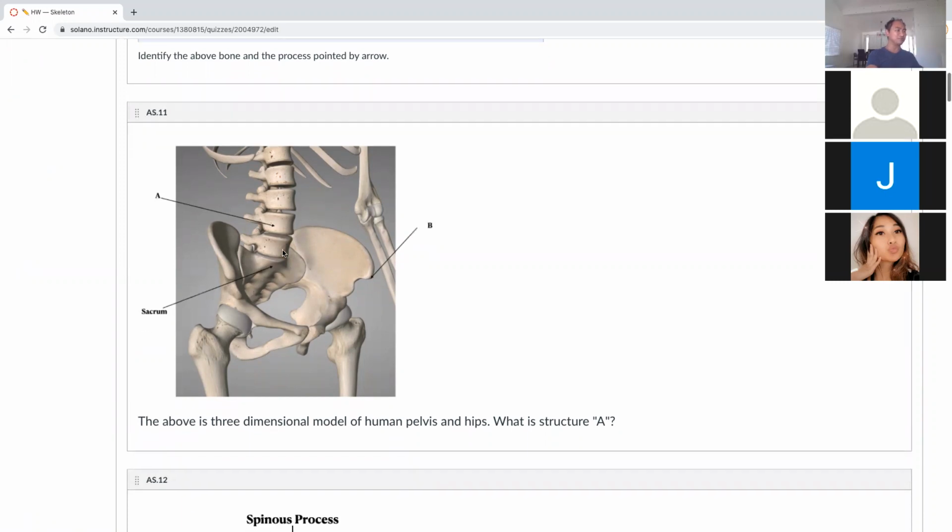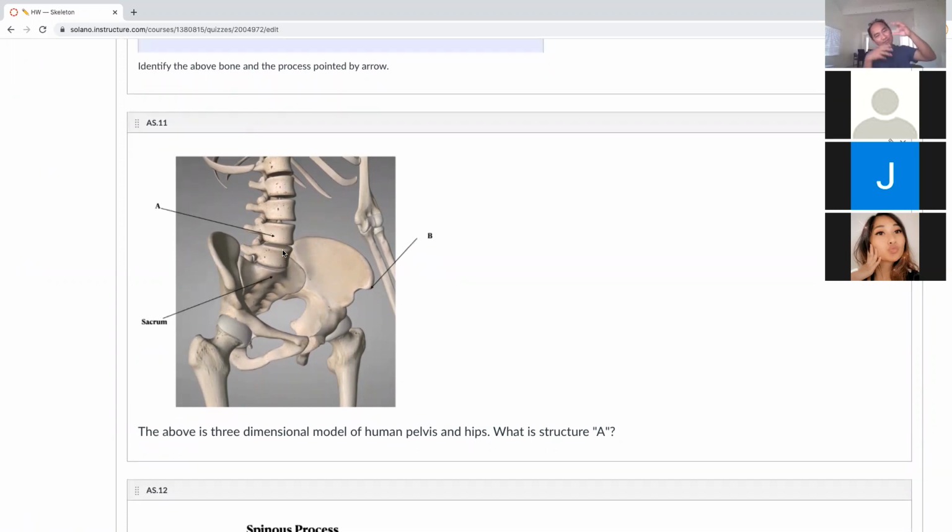That was the question. It is more like applied anatomy. What we need to know is there are 5 lumbar vertebrae in the human body. And if this is the sacrum, this should be lumbar 5 and this should be lumbar 4.